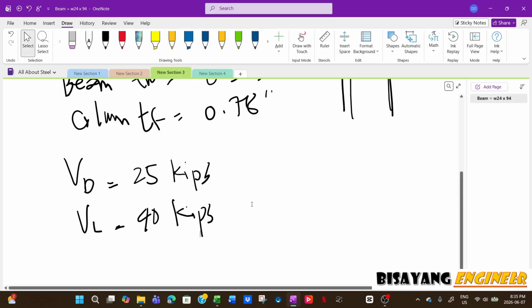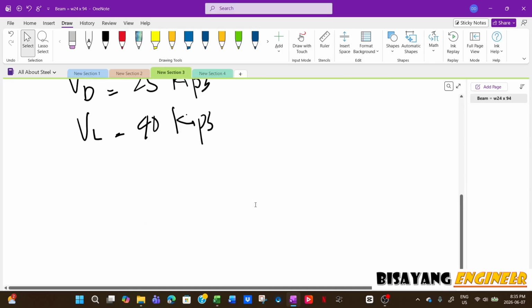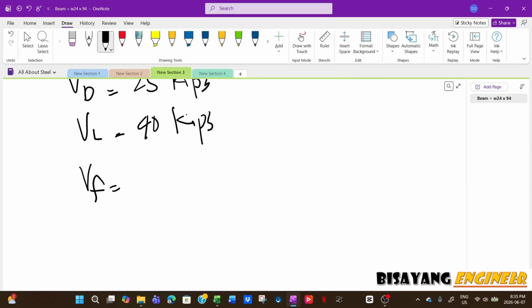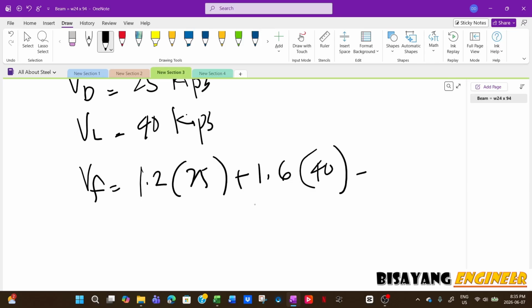So therefore, our factored shear would be 1.2 times 25 plus 1.6 times 40. That would be 1.25 times 25 plus 1.6 times 40.